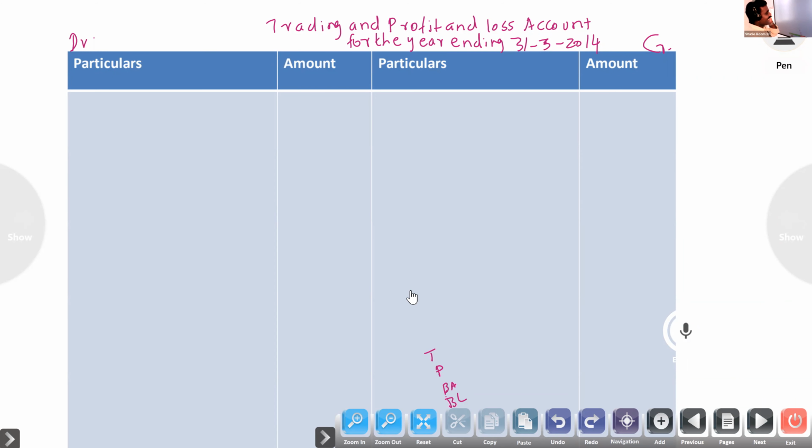Karthik? Balance sheet. Yes, balance sheet, B. Sundry debtors, Anat? Sundry debtors, trading? First we have to study the format, then only we will get it.